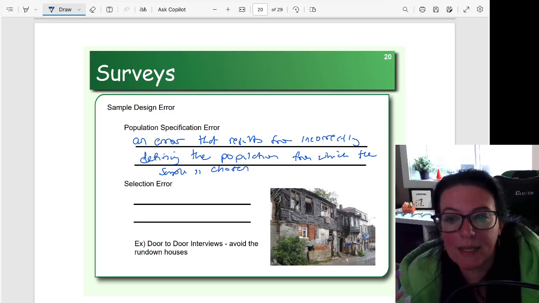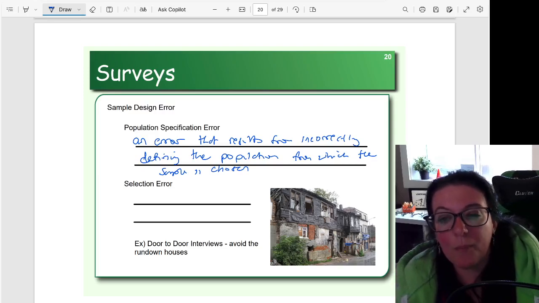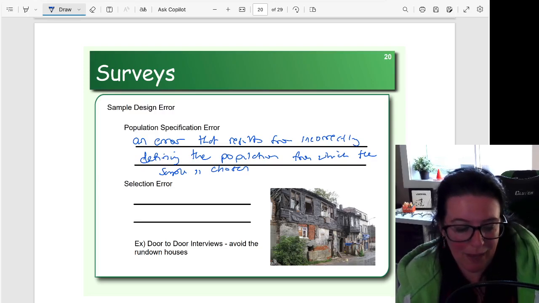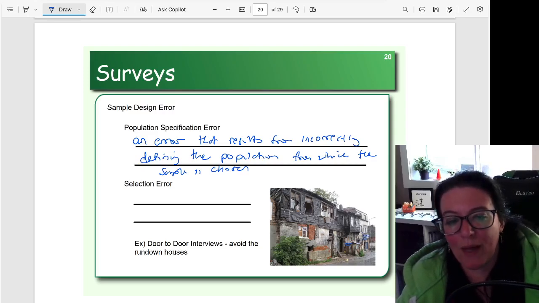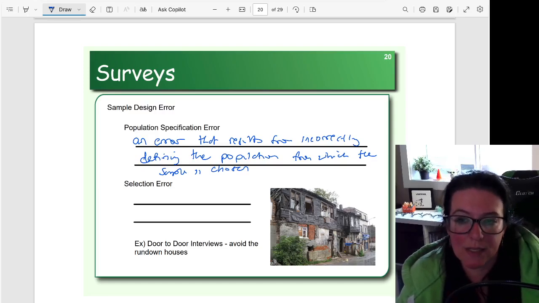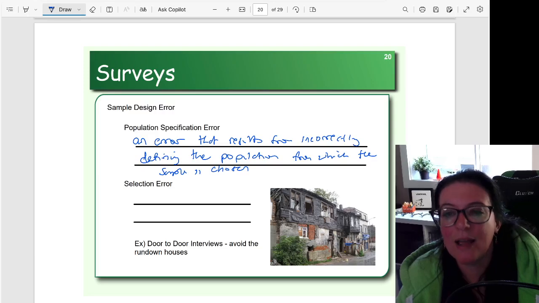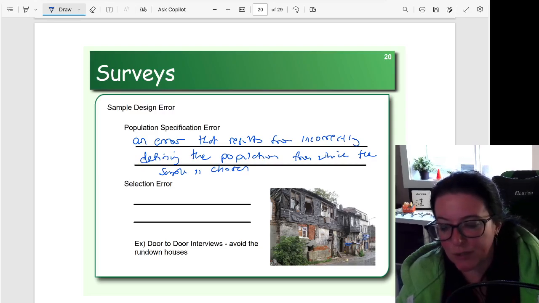Who do you ultimately care about? What are you trying to solve? Who has that type of information? Who's informed about this? And what is it about them that defines them as a group? So are there certain characteristics that we can use to identify that particular population?